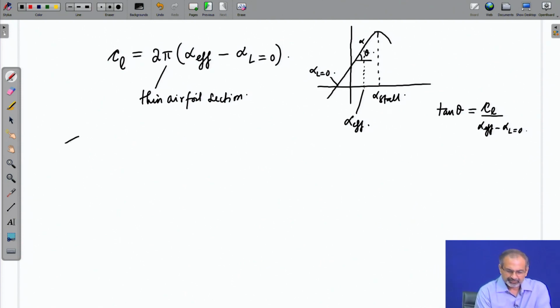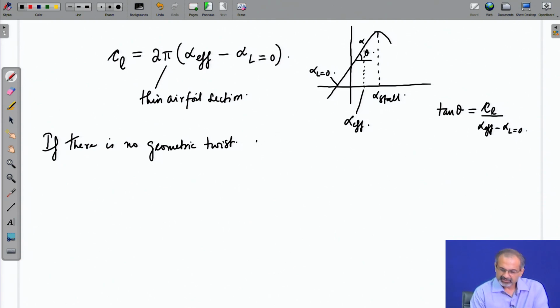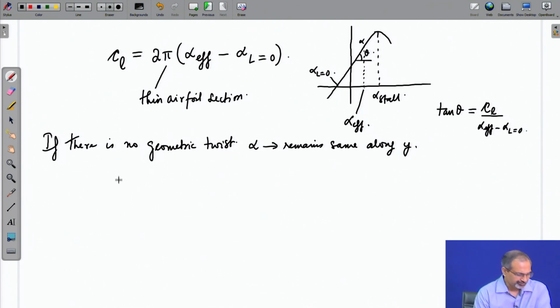Now, if there is no geometric twist along the span, that means the alpha remains the same along y, no variation along y, and therefore, at each section of the finite wing, the sum of alpha i plus alpha effective will be the same.